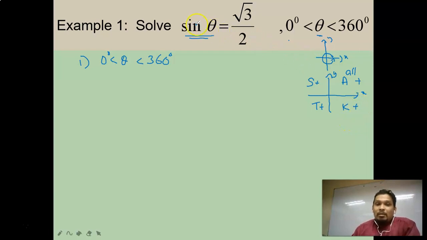So then look at here, sine theta equal to positive square root of 3 divided by 2. If sine theta equals a positive value, it means we are talking about an angle in the first quadrant and second quadrant.